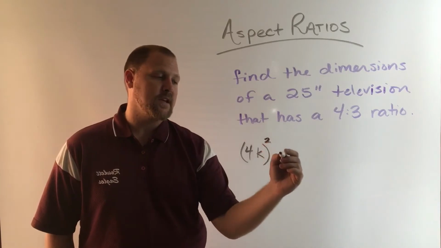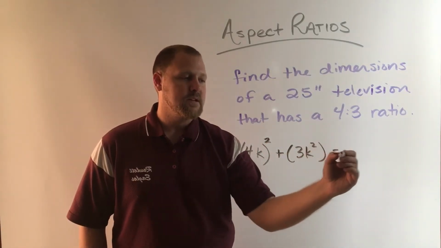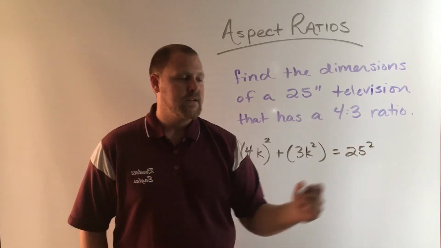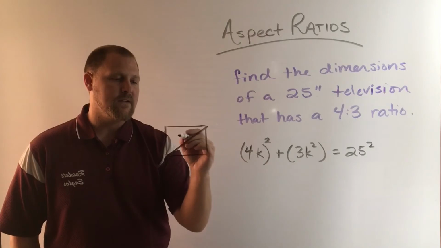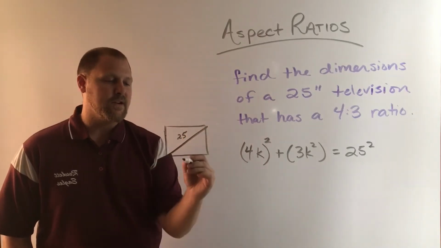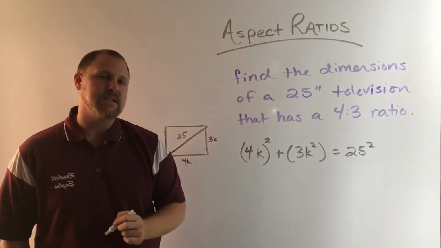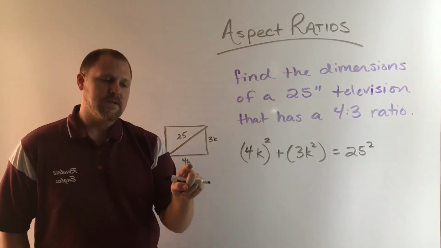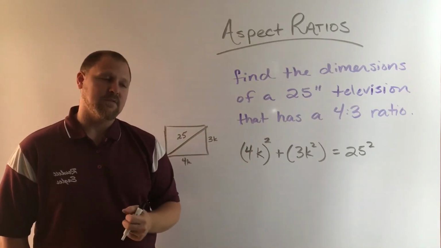So we have (4k)^2 + (3k)^2 = 25^2. Now this here will give you this picture where 25 is the diagonal and 4k is the width, 3k is the height. Some number to multiply by both dimensions to get the actual dimensions of this television.